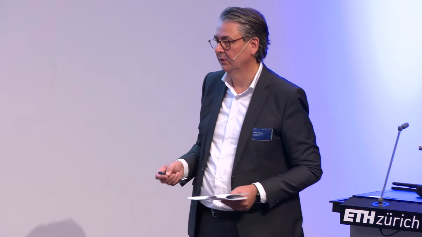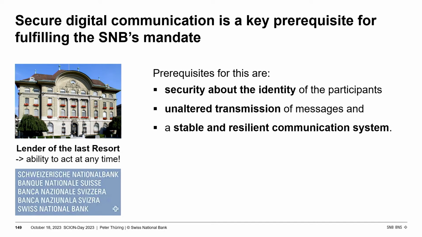This requires security about identity of the participants, unaltered transmission of messages, and a stable and resilient communication system. The first two aspects are realized via digital certificates to guarantee identity, and cryptographic procedures in order to encrypt and check the integrity of the content.